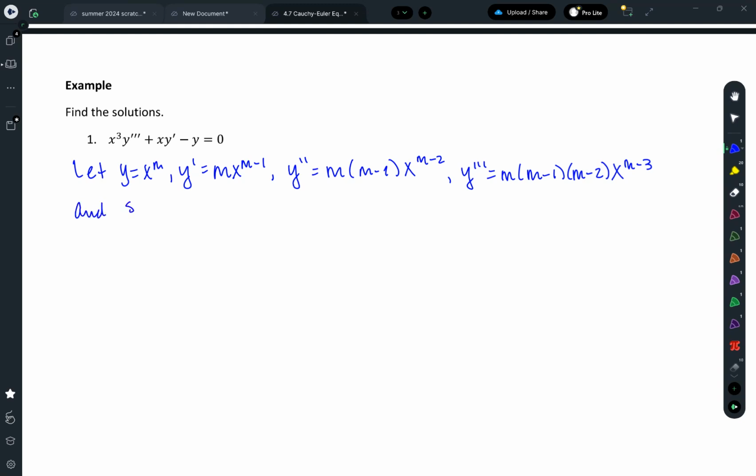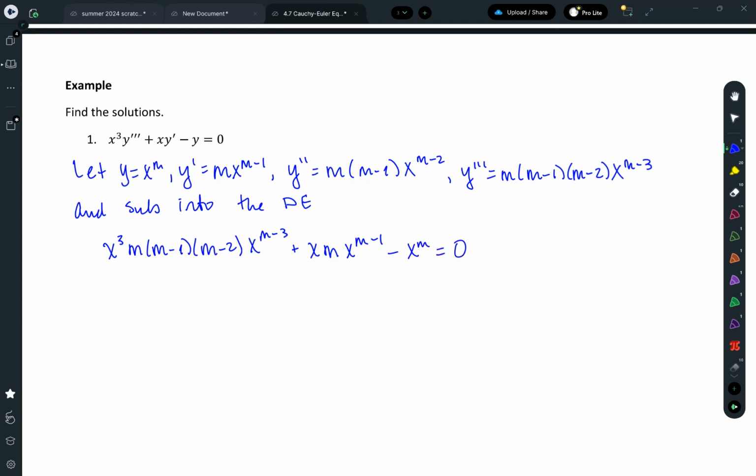And sub into the differential equation. So when we do that, we're going to have x cubed times y triple prime, which is m times m minus 1 times m minus 2 x to the m minus 3, plus x times y prime, which is m times x to the m minus 1, minus y, which is x to the m, and this is equal to 0.